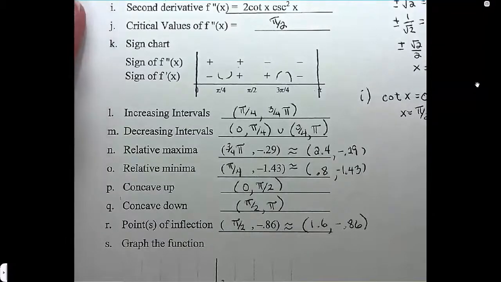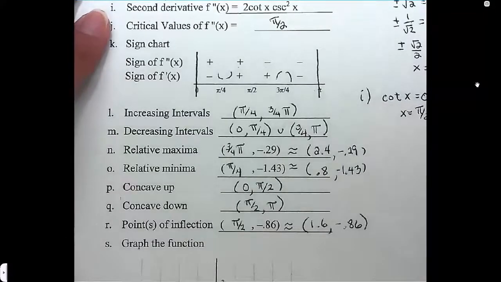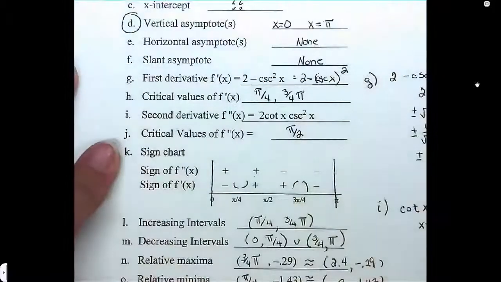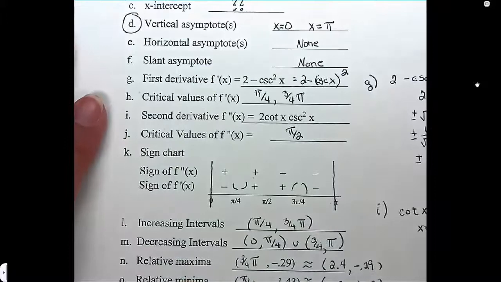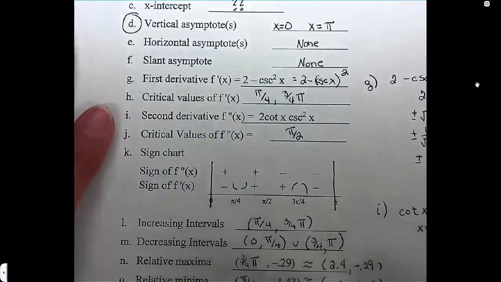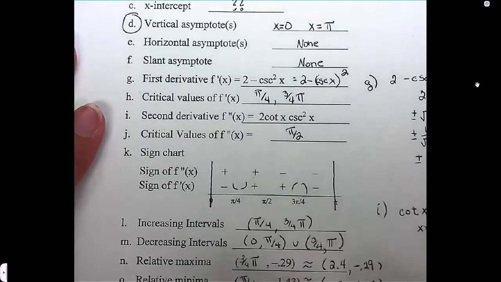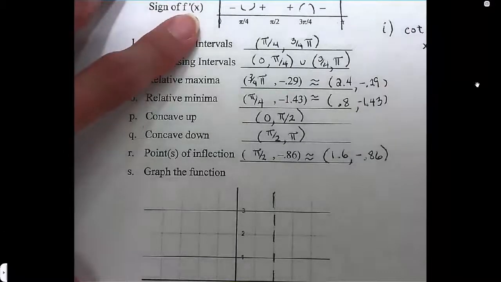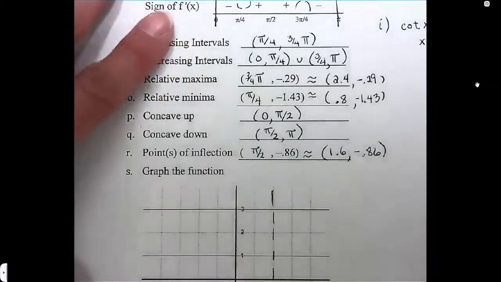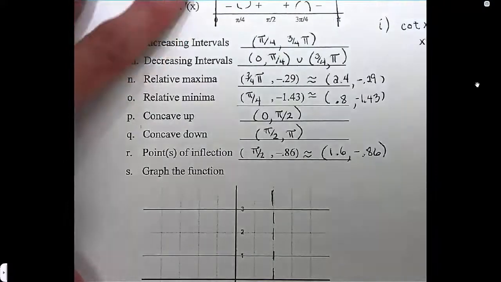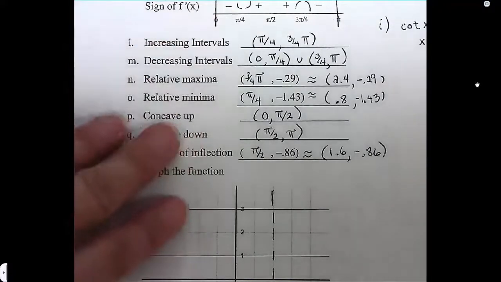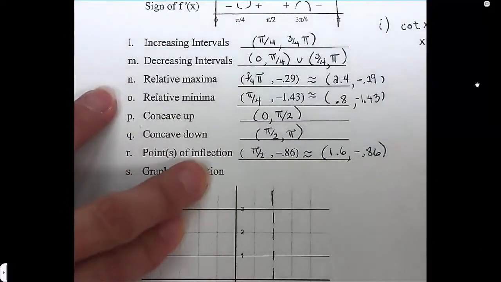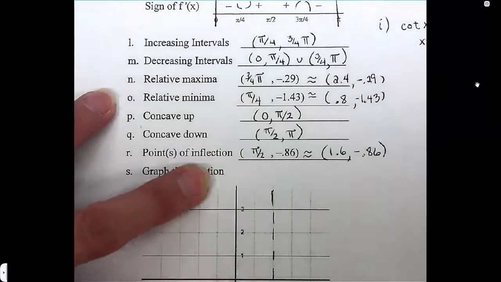All right. I need to graph those vertical asymptotes at 0 and pi. 0 is already a solid line. Pi is approximately 3.1. And then I don't have a y-intercept or an x-intercept that I can plot. I do have an x-intercept, I just don't know exactly what it is. So the only other points I have are the relative max, relative min, and point of inflection.